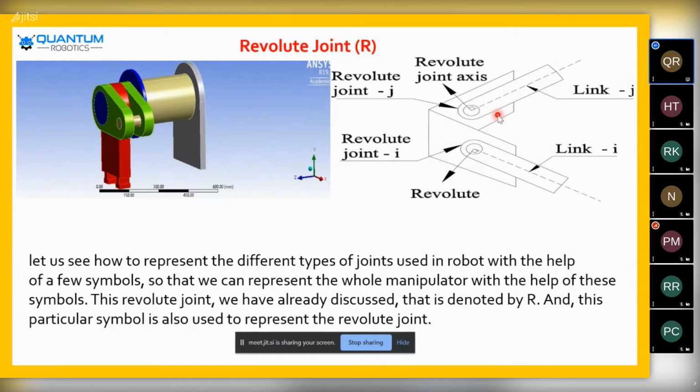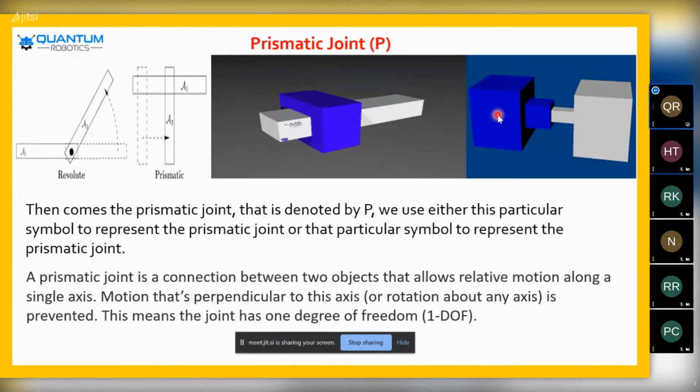Next we can move on to another joint, the prismatic joint, which is denoted by P. We use either this particular symbol or that particular symbol to represent the prismatic joint.